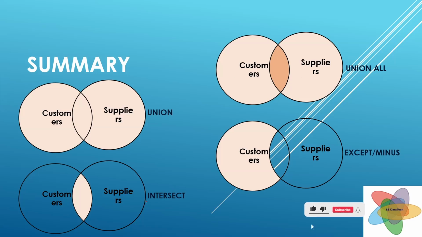Then intersect and except compare the two queries, or we can say two result sets. The difference is that intersect will only keep the common records from those two result sets, whereas except will keep only the uncommon records of the first result set. So let's do some practical to understand it in more detail.